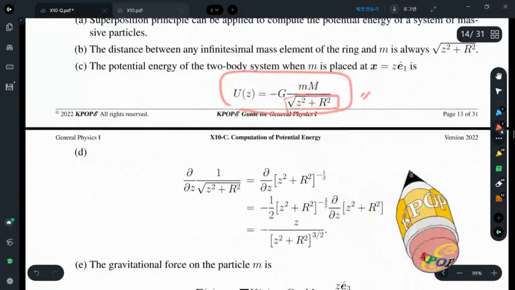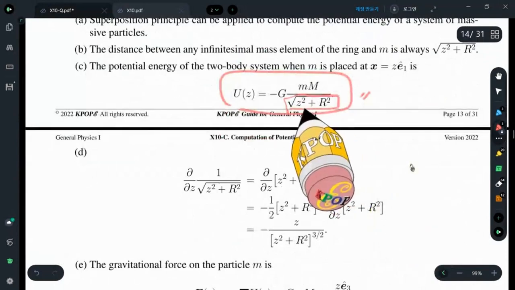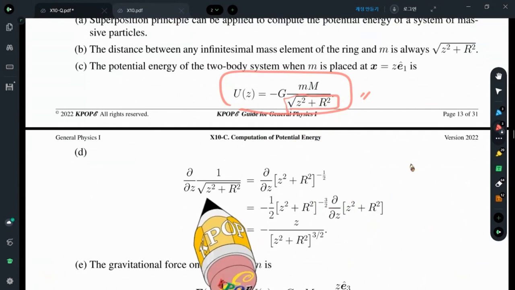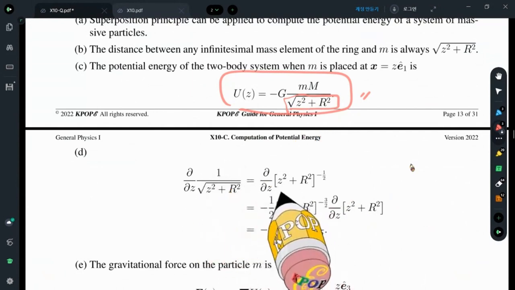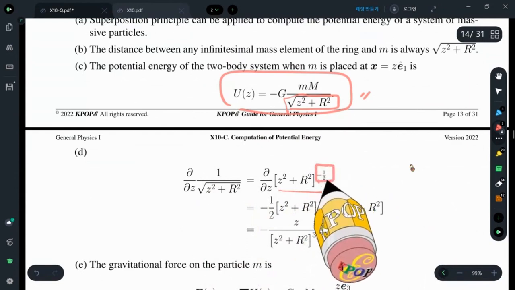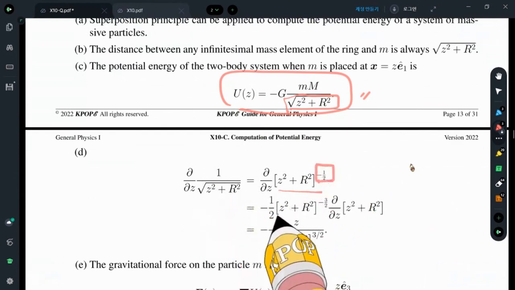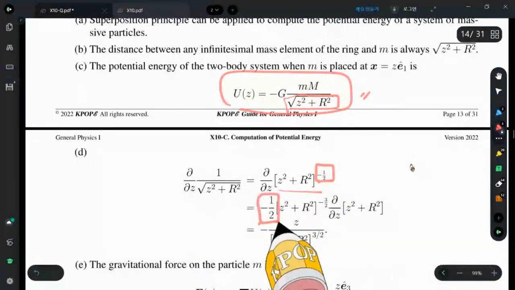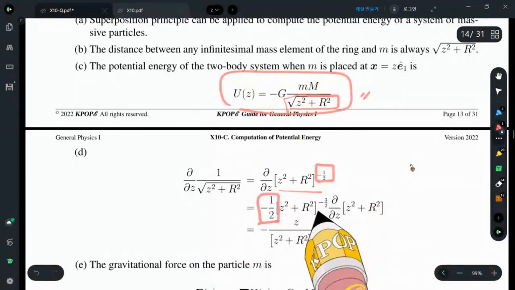Next, why don't we take the derivative with respect to z? We know how to take the derivative. This is a power, has the power minus 1/2. If I take the derivative, then this factor minus 1/2 appears in front, and then the power has been decreased by 1.